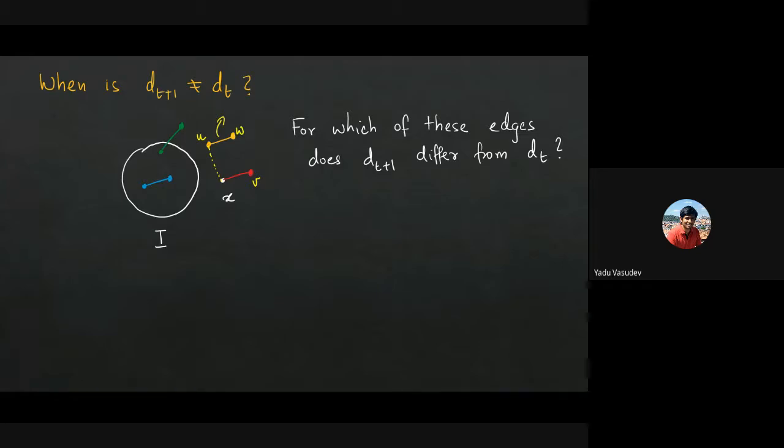So it is possible that you choose UW, and you try to add U. You're trying to remove W and you want to add U. Now in XT you might be able to add U, but in YT you will not be able to add U, because of the edge UX.